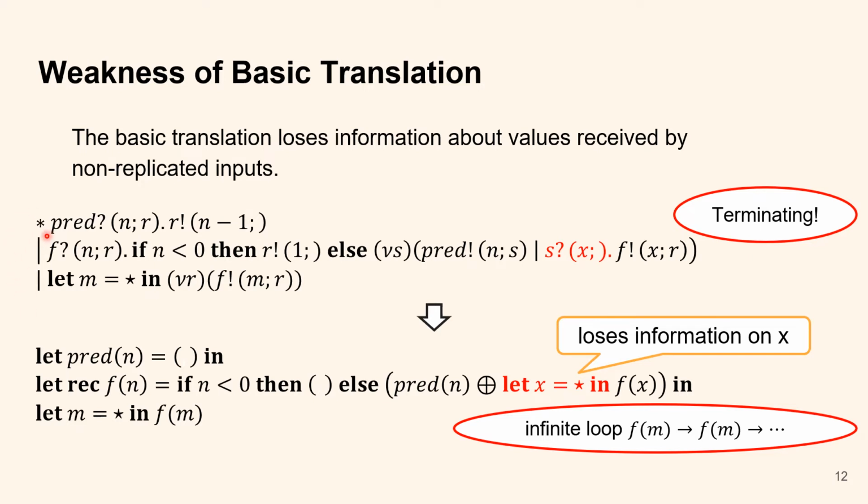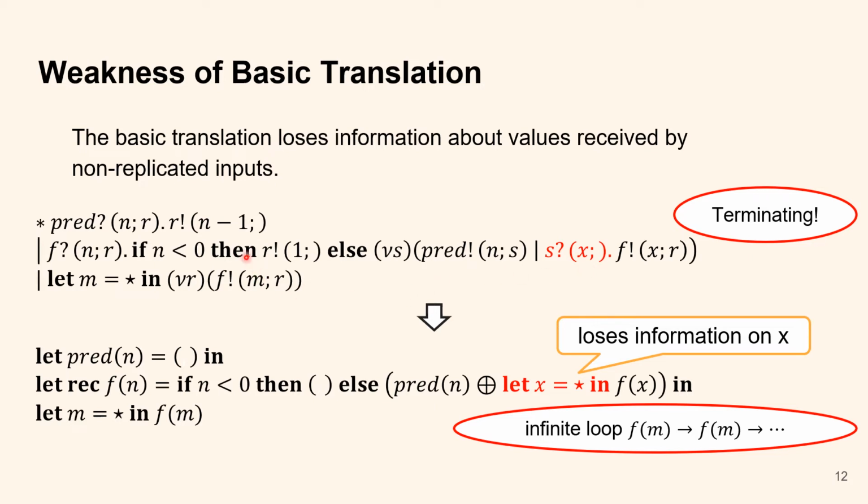The process in the first line works as a function server that receives an integer n and a channel R, and then sends n-1 to R. In the second line, this x is equal to n-1, so the first argument of f monotonically decreases until it becomes negative.